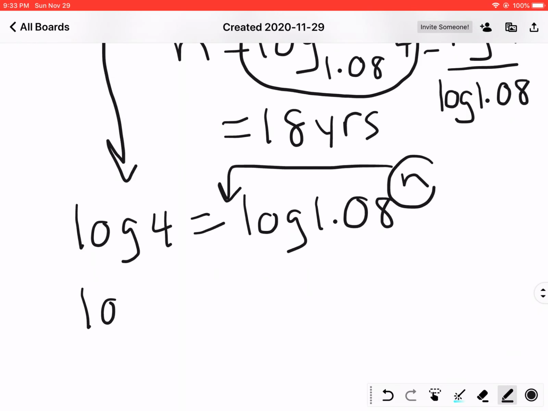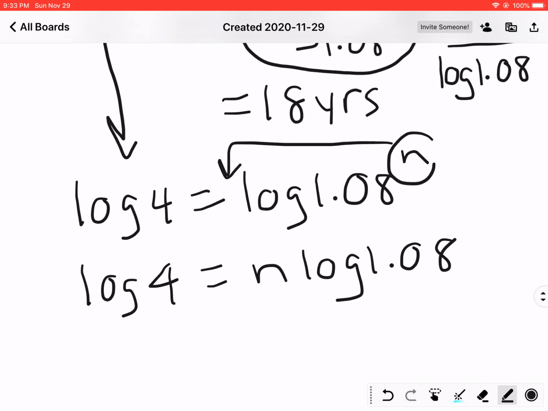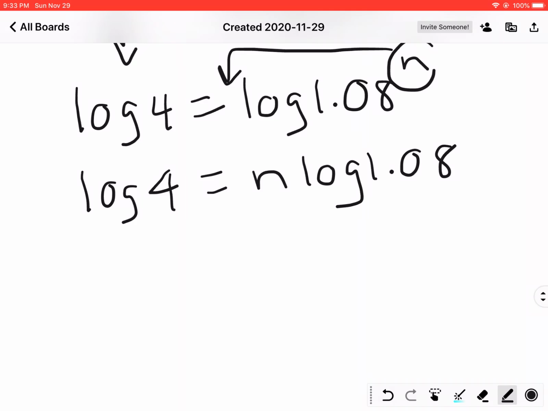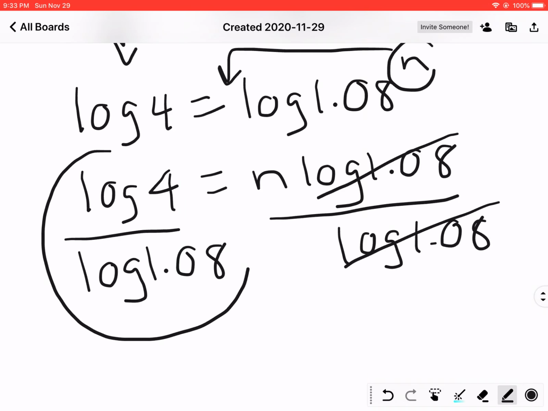So now I've got log of 4 is n log 1.08. You all know to get n by itself, we are going to divide both sides by the log of 1.08. That will cancel off. That's why I did it. And this, whatever that is, will be our answer.